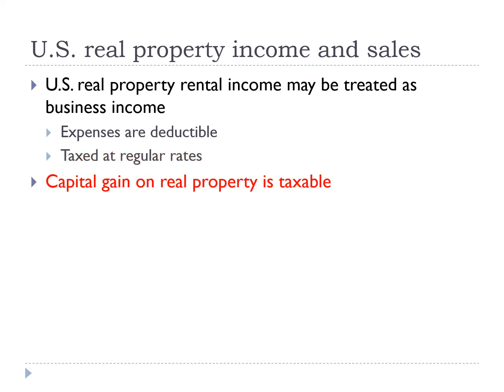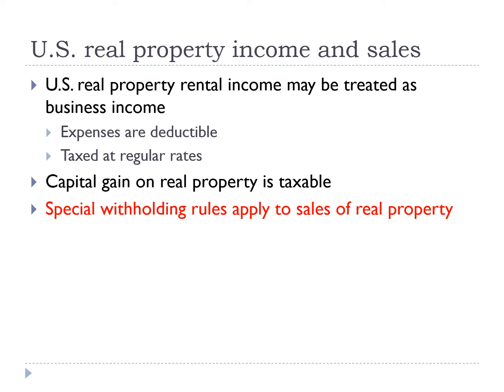U.S. source capital gain, which is ordinarily taxed as non-business income, subject to special rules for non-resident aliens and is often exempt from tax, is taxable in the United States if it results from the sale of U.S. real property. Finally, special income tax withholding rules apply to sales of U.S. real property.